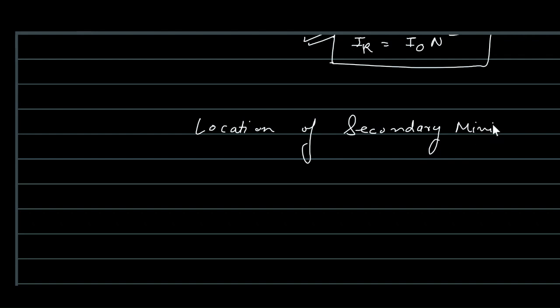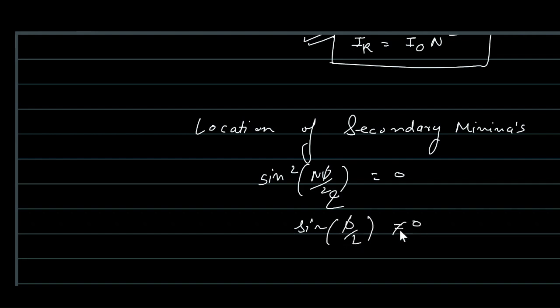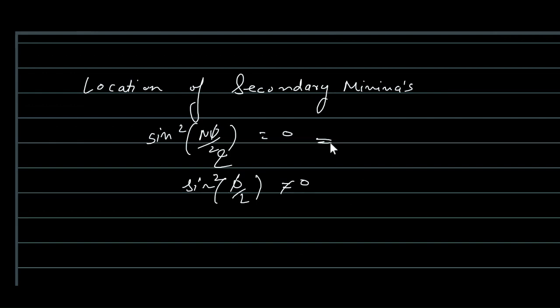IR is 0 when sine square n phi over 2 is 0, but the denominator should not be 0, or there will be division by 0. So basically this implies that n phi by 2 is an integral multiple of pi. Let's call that m pi.